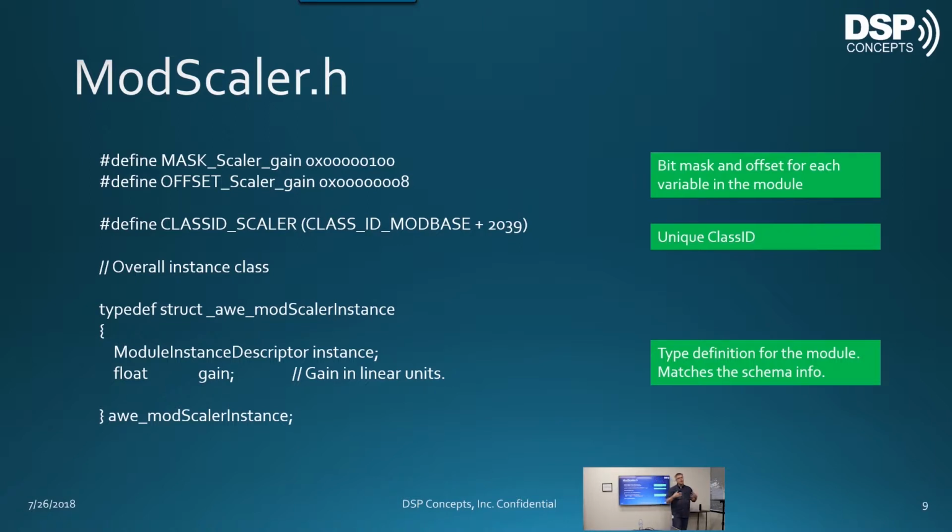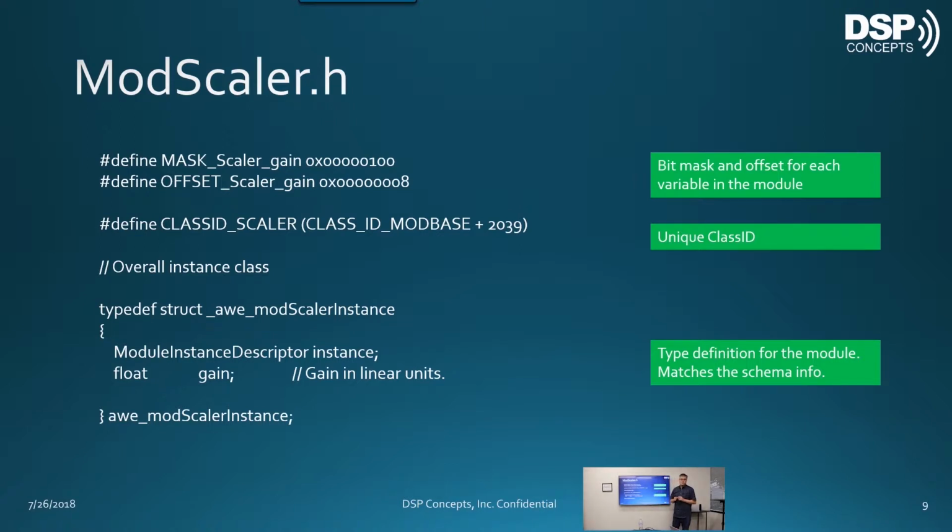That's a common header shared by all the modules. And after that, it has the module-specific variables. You can see that this is exactly what we told it. We said there's a floating point variable called gain, and here's a short description of it. So this is all auto-generated for us. And if we had more variables in here, you would see the variables and so forth.